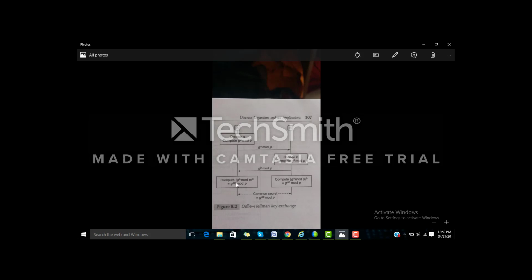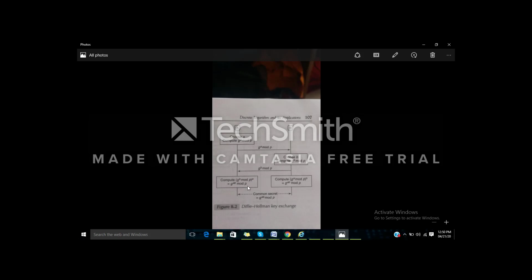By the formula, as you can see in the diagram, G to the power ab mod P. You can see with the mouse pointer, we are computing G to the power b mod P, which is nothing but the partial key, to the power a. So when we do this, we calculate G to the power ab mod P.